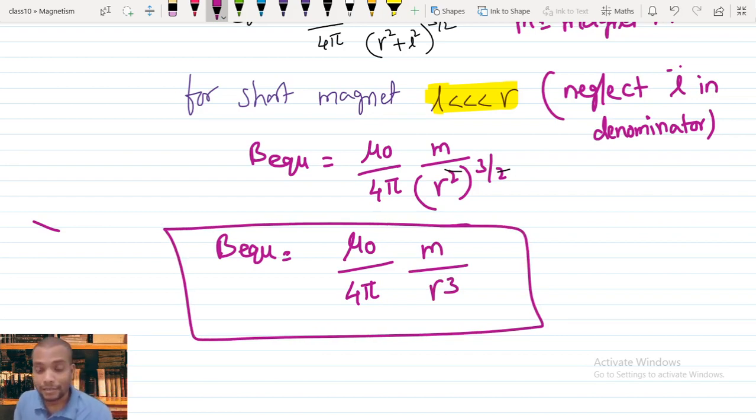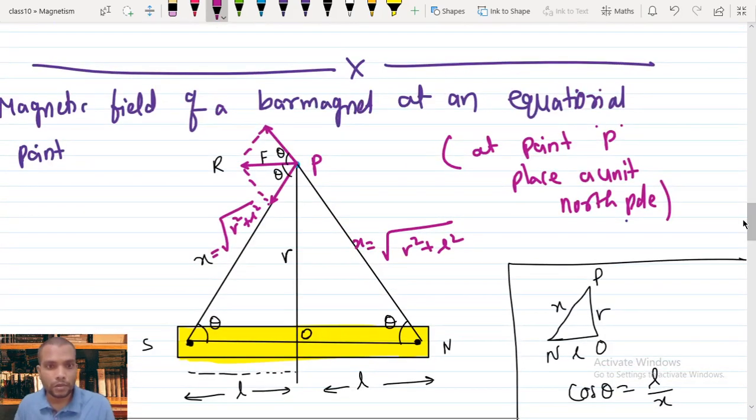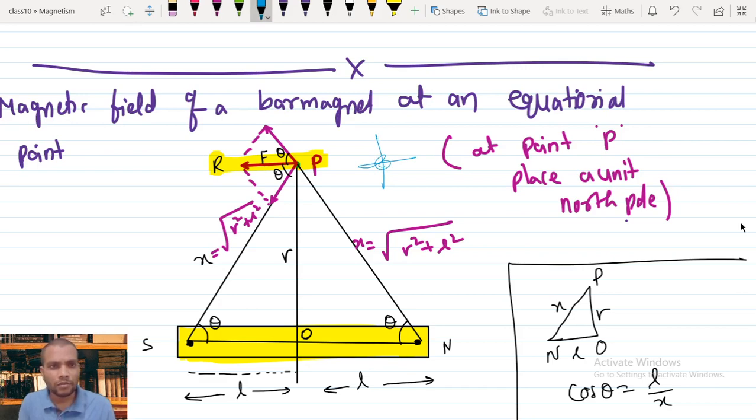Now what about direction? I did not mention the direction anywhere. You can see the direction this time. I think this time it is pointing from P to R. Here I have taken a point R. So this direction is along P to R. Or if you are comfortable with unit vectors, you can mention it along the negative y axis or negative j axis.